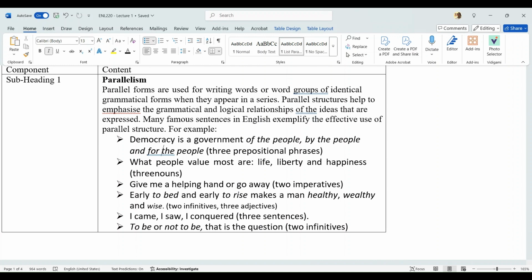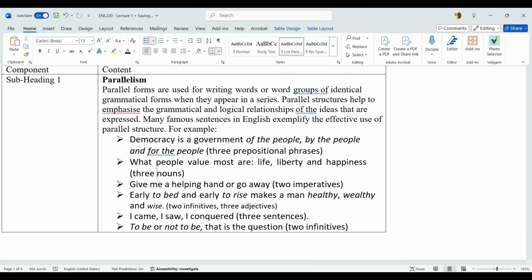So you have three prepositional phrases: of the people, by the people, for the people. These are parallel structures. Let's look at another one: what people value most are life, liberty, and happiness. So you have three nouns in parallel form following the stem that was given first.